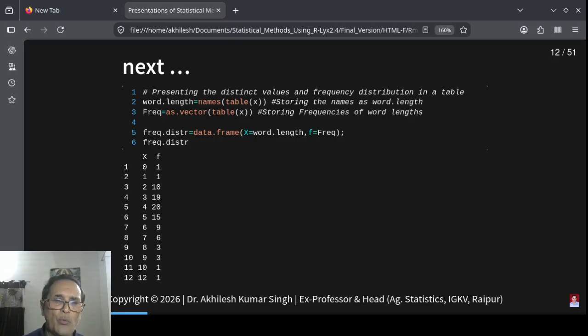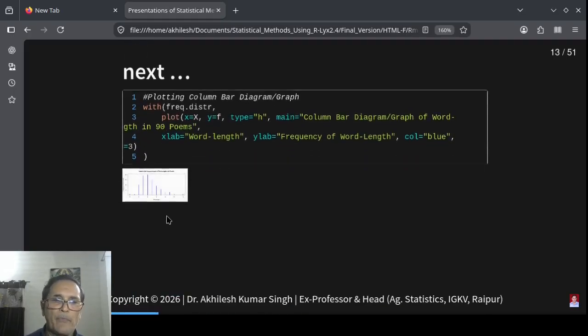This is how we find the frequency distribution, which we have discussed in earlier classes. Based on this frequency distribution, we shall be creating the column bar diagram, where the x variable will have bars whose lengths are according to the frequencies.